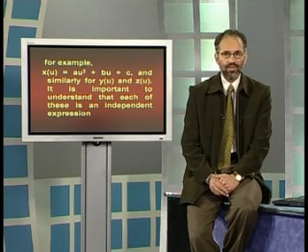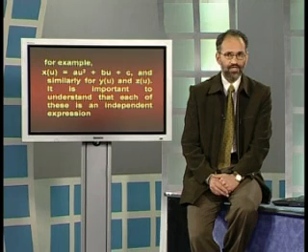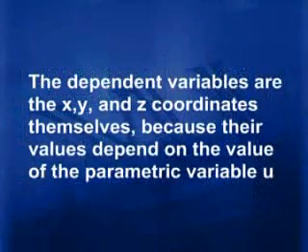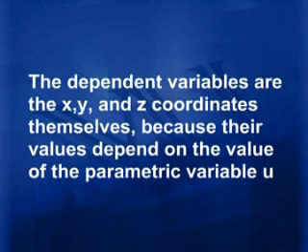It is important to understand that each of these is an independent expression for x of u, for y of u, and for z of u, as well as when we talk about au squared plus bu plus c, they are independent expressions. The dependent variables are x, y, and z coordinates themselves, because their values depend on the value of the parametric variable u.